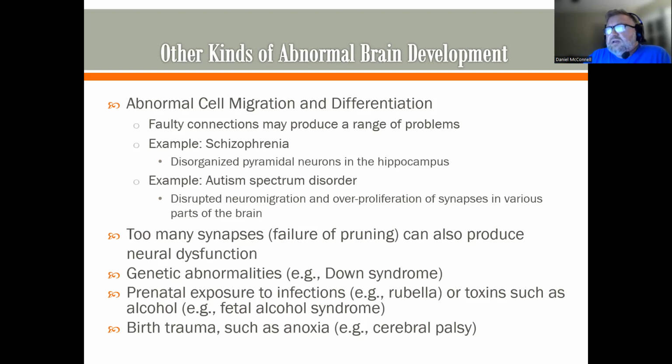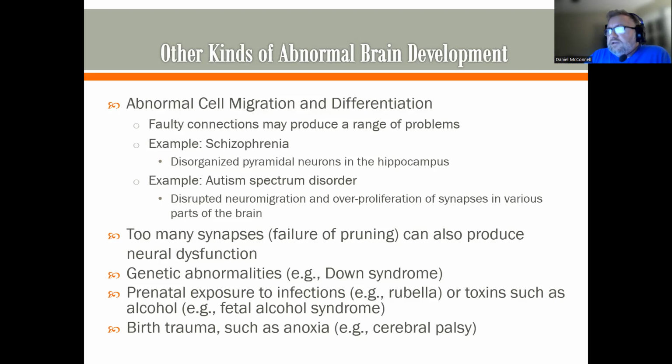And what this might mean is that different regions of the brain have either too many or too few of a certain type of neuron that needs to be there, or maybe a certain type of glial cell that needs to be there. And that might mean that certain parts of the brain end up either over-connected and have too many synapses, or they're under-connected with too few synapses, right?